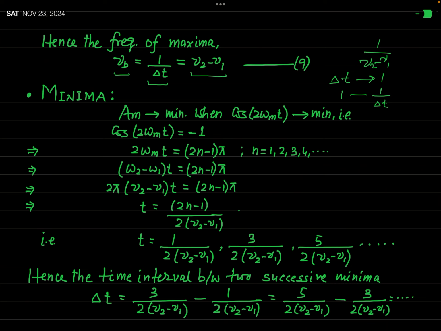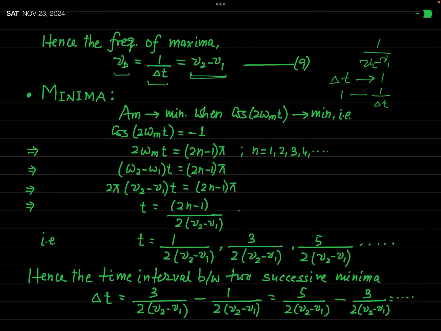So it is a very interesting result that the frequency of maxima is simply equal to the difference of the frequencies of the two superposing oscillations. Okay. So taking the difference of the frequencies of two superposing oscillations, you can find the frequency of maxima.